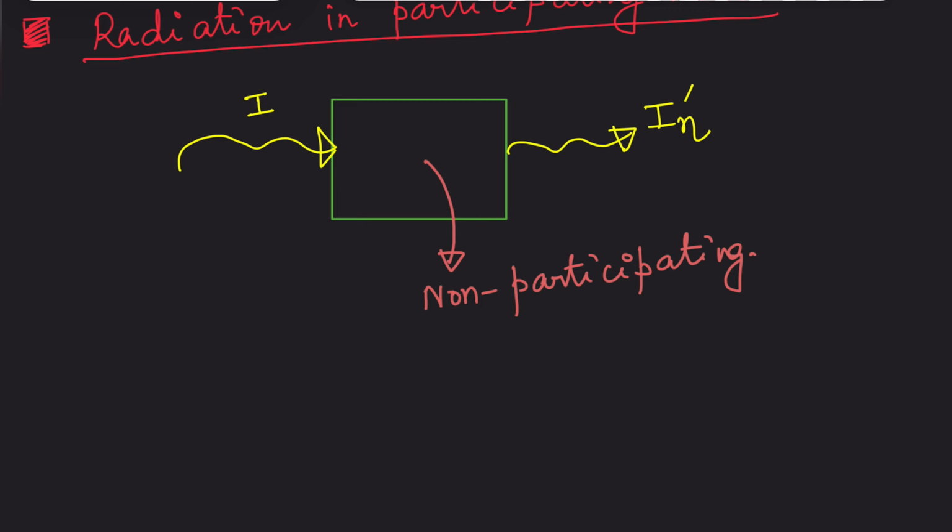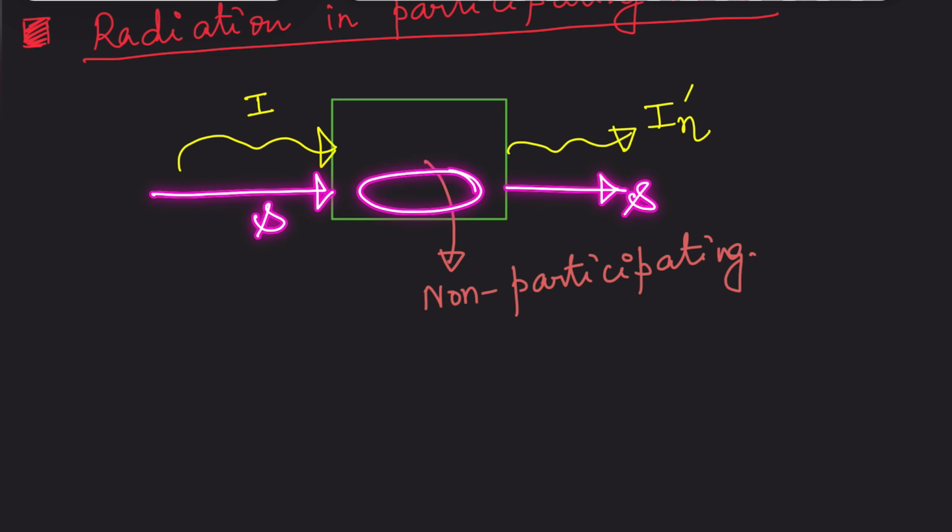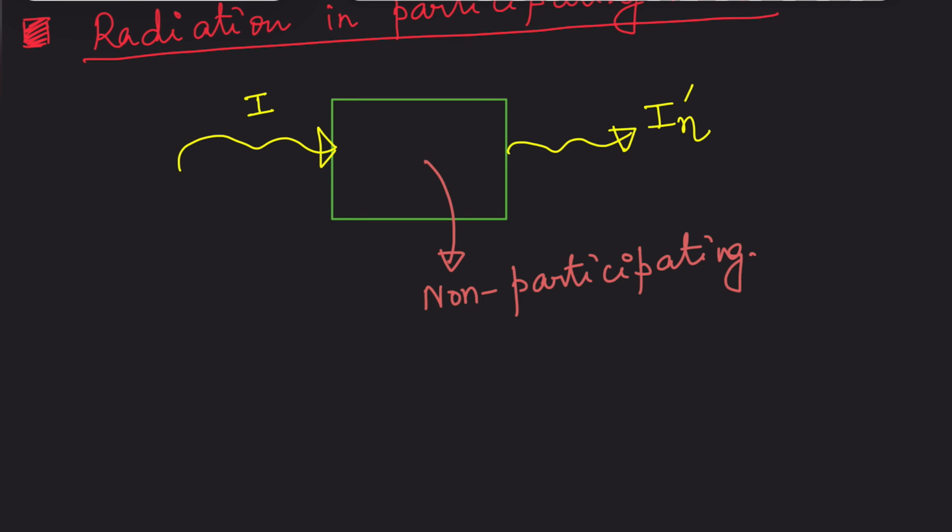So when you are going into the path, the speed was s, and when you are coming out of the path, the speed is still s. In the whole journey, the speed has not decreased or increased from s, because for you the comfortable speed is s. So that is the concept of non-participating media.